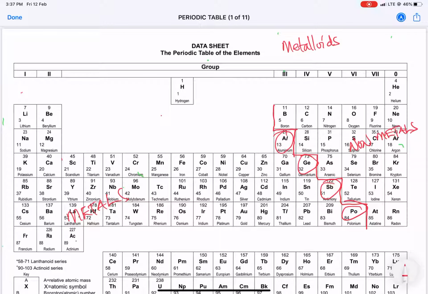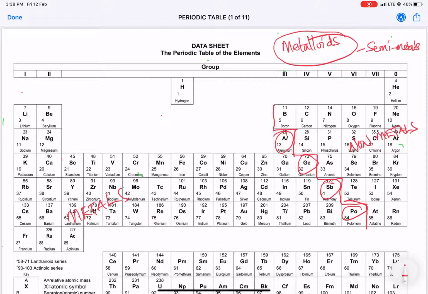To avoid insulting, instead of calling them metalloids, you can also call them semi-metals. But you need to know both terms, metalloids or semi-metals, because they possess both characteristics of metals and non-metals.